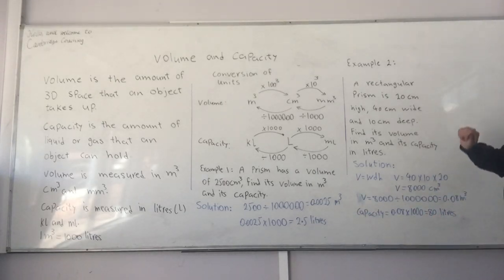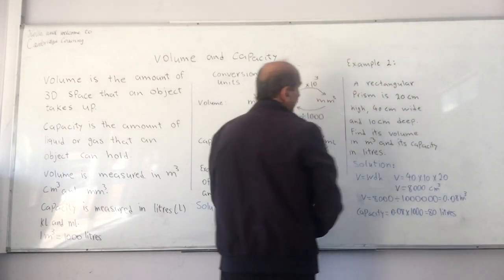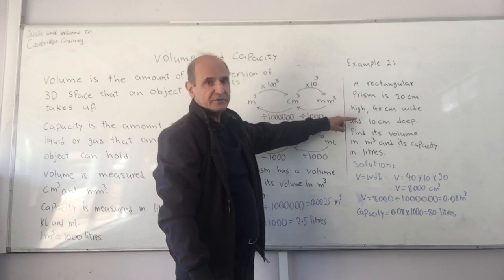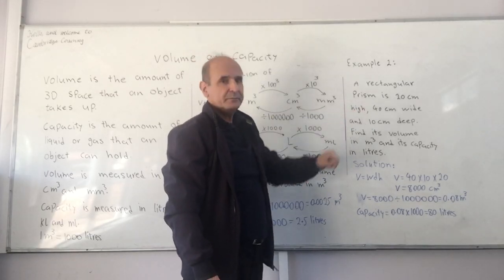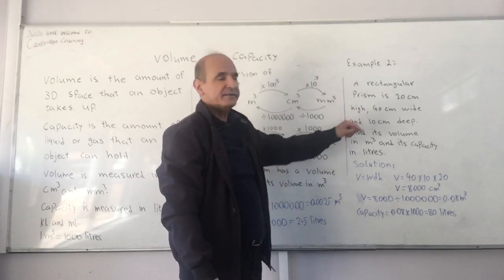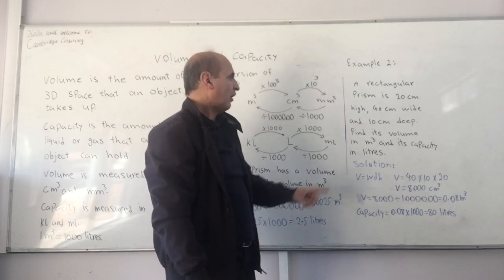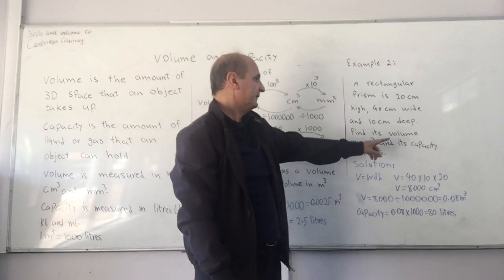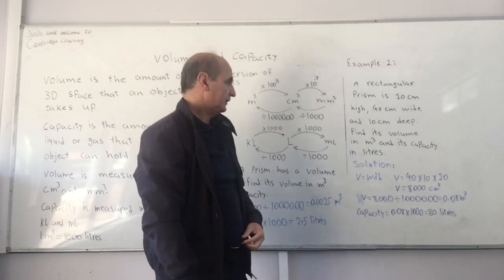Another example. A rectangular prism is 20 centimeters high, 40 centimeters wide, and 10 centimeters deep. Find its volume in cubic meters and its capacity in liters.